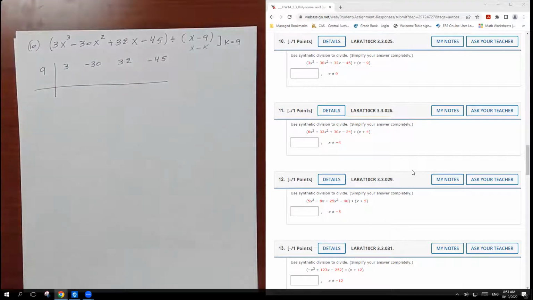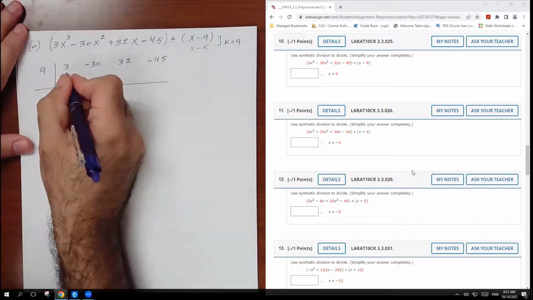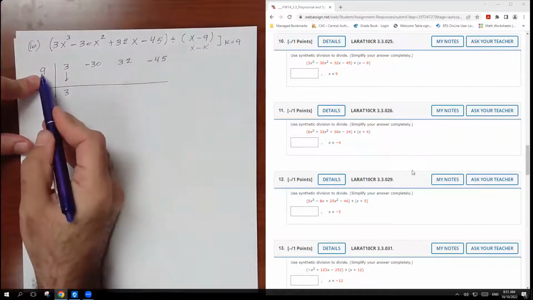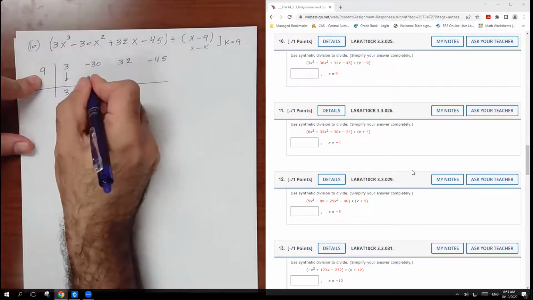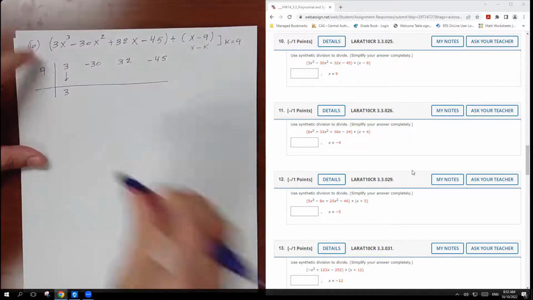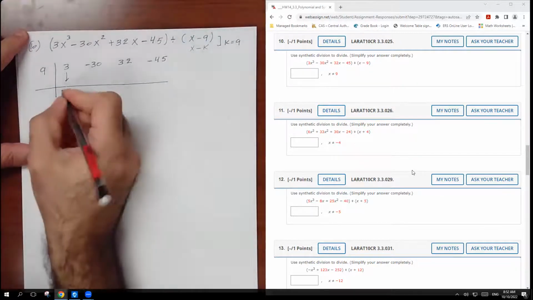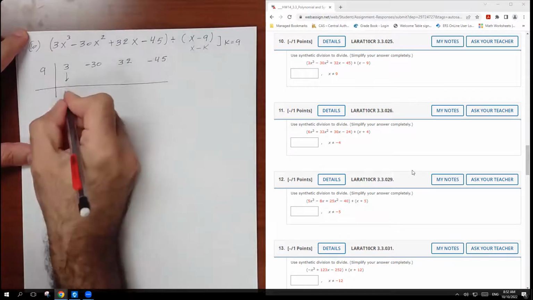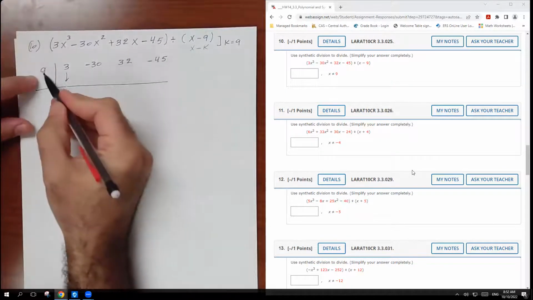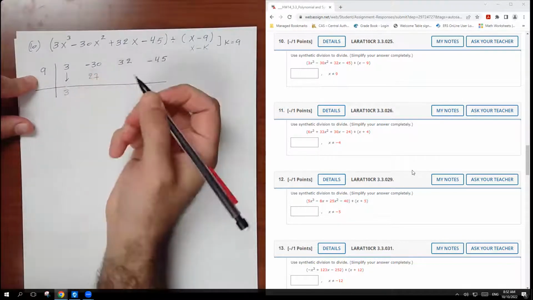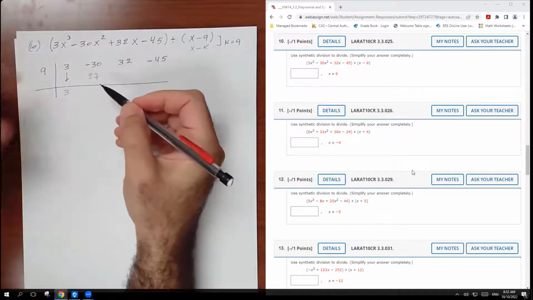So now, next step, I'm going to write down the 3. Let's write this down in another color so you can know. Here is the 3. 9 times 3 is going to be 27. Now add these together.